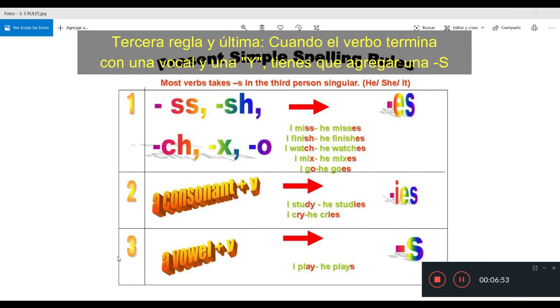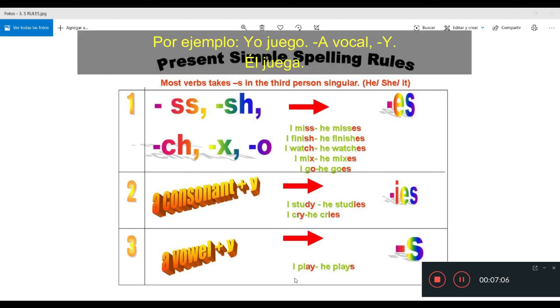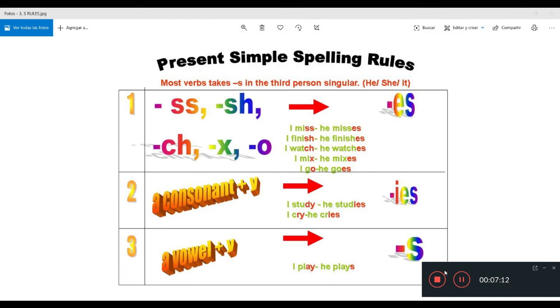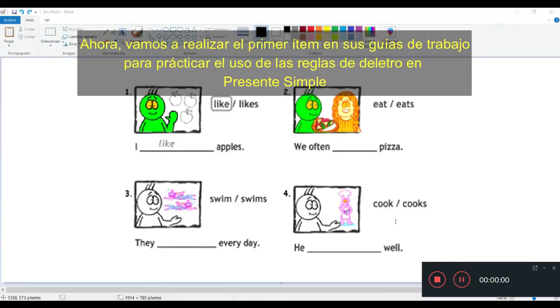Third rule, and the final one. When the verb ends with a vowel plus a y, you have to add an s at the end of the verb. For example, I play, a vowel, y. He plays. Very good.